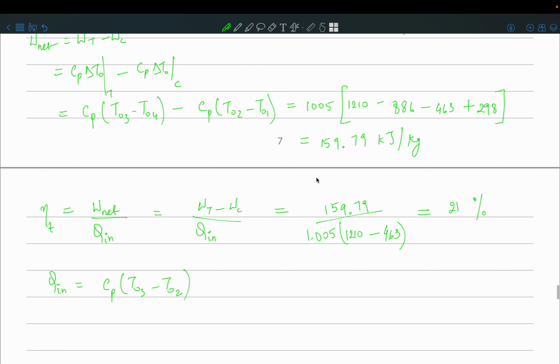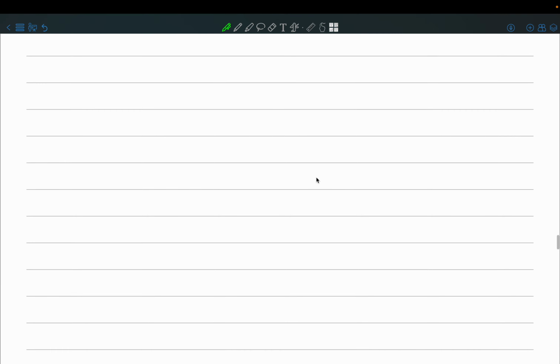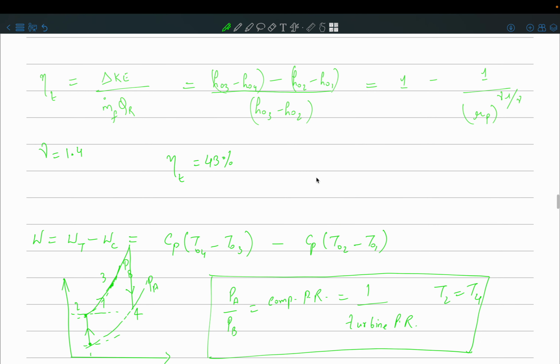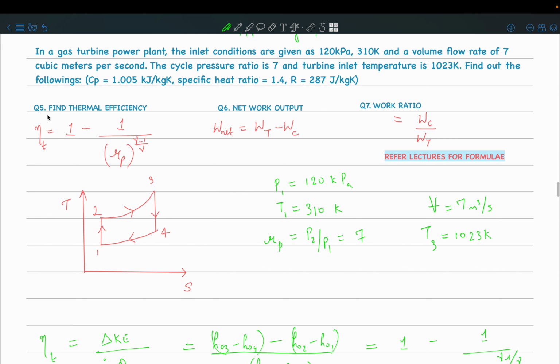Yeah, the one we used earlier, that we used in the previous question. So you use that formula, is it? Okay, so the question here is, she calculated the thermal efficiency using the formula that we used in our previous question. That is, this thermal efficiency is 1 minus 1 by the pressure ratio to the power gamma minus 1 by gamma.